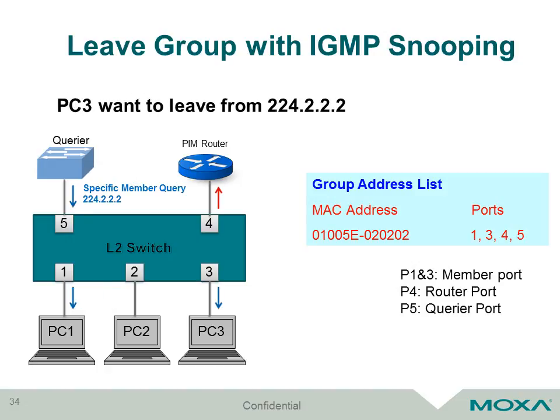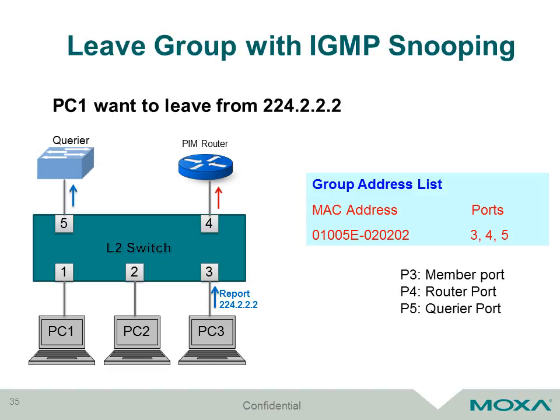Once the querier receives the leave message, it will send back a specific member query to all hosts on the same group. If no one responds to the specific member query, the querier will kick out the group from its group address list. In this case, the querier sends out a specific member query to all hosts on the same group, which are PC1, PC3, and routers.